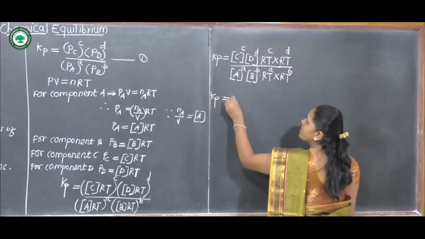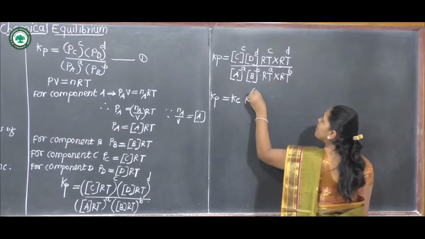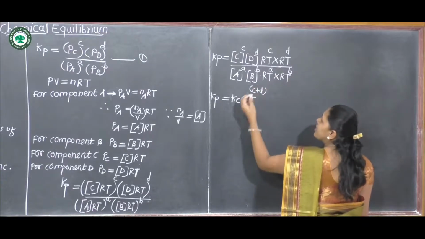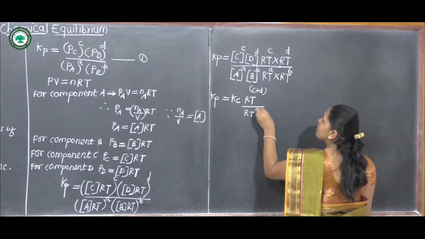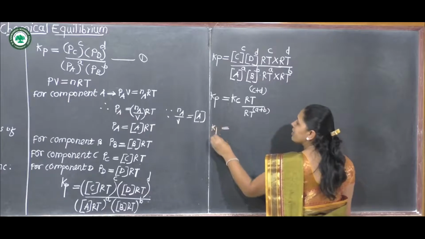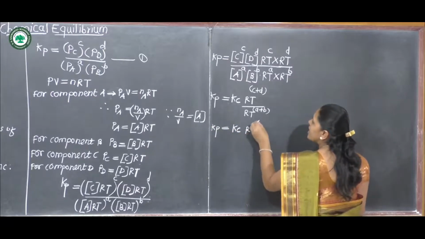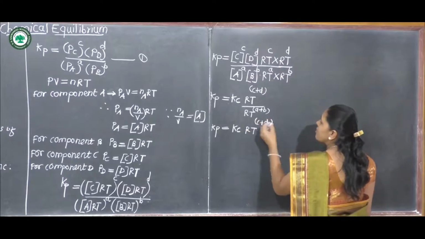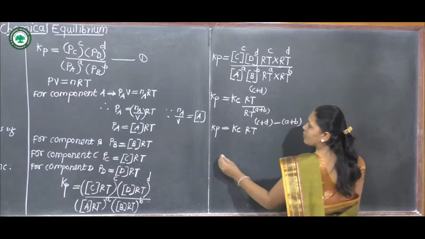Therefore, Kp is equal to Kc into RT raised to c plus d divided by RT raised to a plus b. By simplifying, Kp is equal to Kc into RT raised to (c plus d) minus (a plus b).